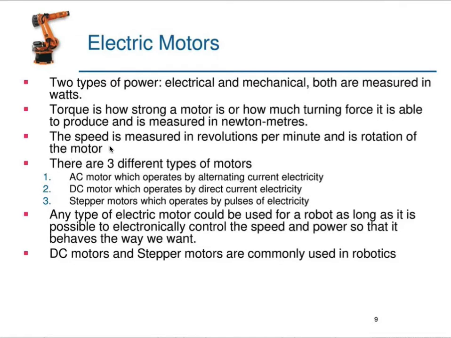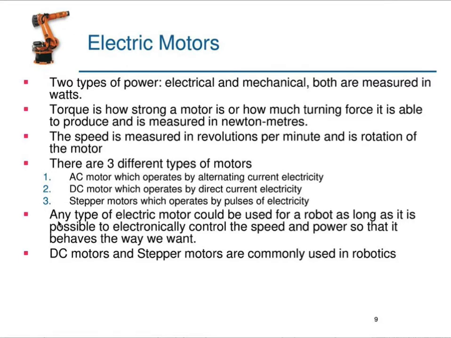Speed is measured in revolutions per minute and is the rotation of the motor. These are the very important aspects we have to consider when choosing an electric motor. And there are three different types of motors: AC motors, which operate by alternating current electricity, DC motors, which operate by direct current electricity, and the third, stepper motors, which operate by pulses of electricity.